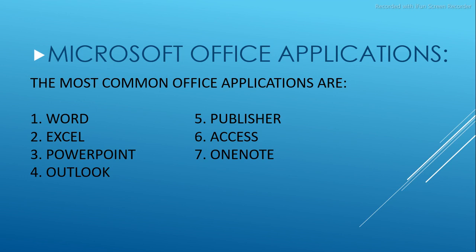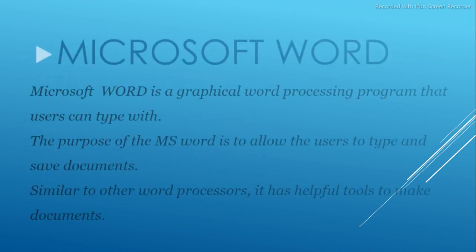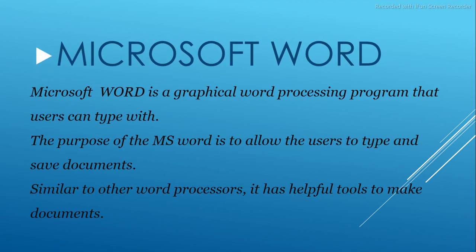We'll start with Microsoft Word. This is a word processing program that users can type with. Typing is the keying in of alphanumeric data from the keyboard. This is done by use of a keyboard and relevant software like Microsoft Word.